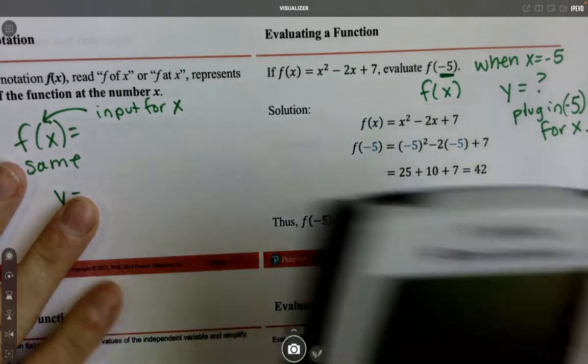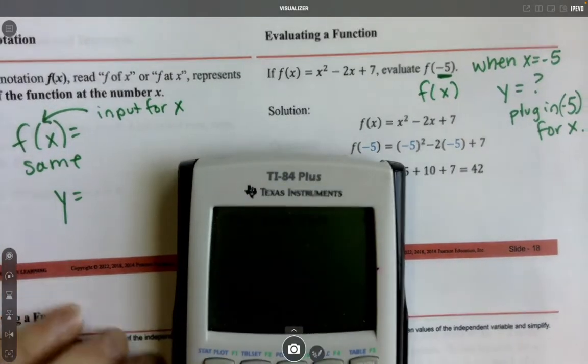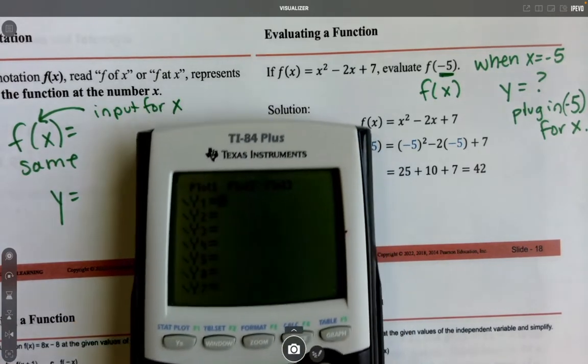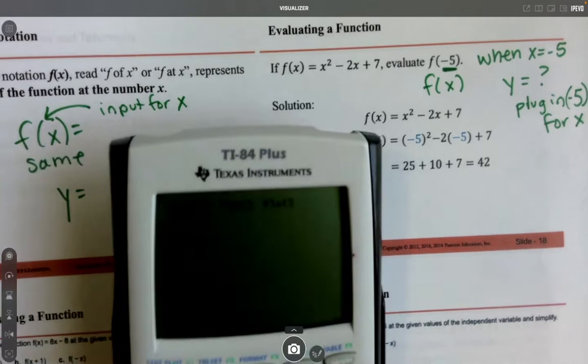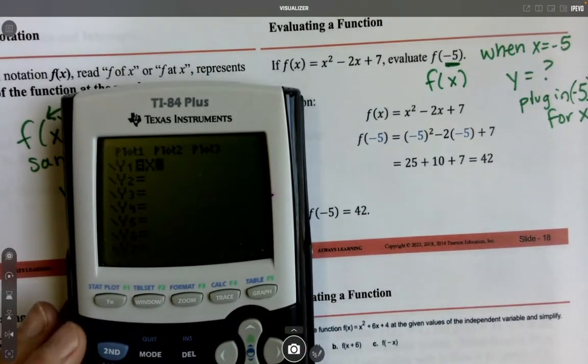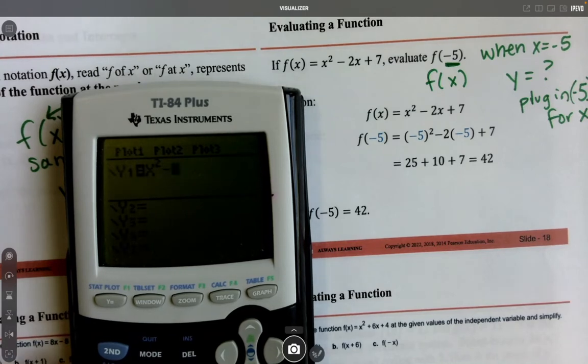We can also use our calculator. So let me show you how we would do that. We'd go to y equals, sorry, that's really hard to see, it's dark. There we go. X squared minus 2x plus 7.